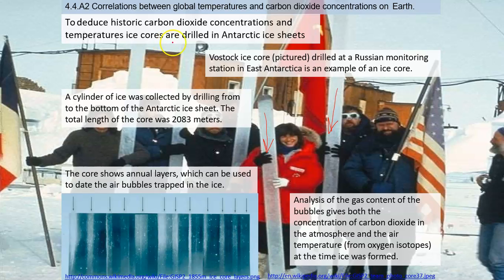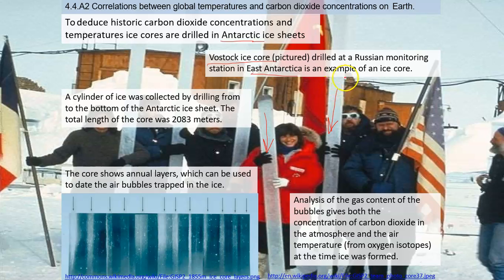To deduce historic carbon dioxide concentrations and temperatures, ice cores are drilled in Antarctic ice sheets. The Vostok ice core is from a place drilled at a Russian monitoring station in East Antarctica.